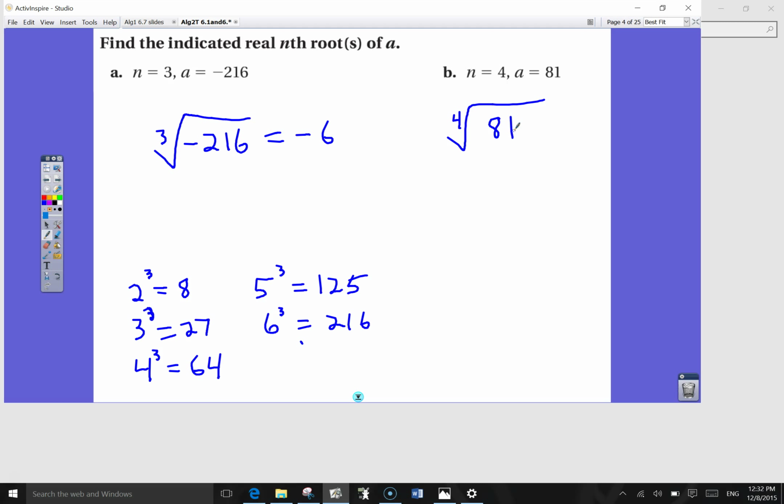The numbers get so big so quick that you're probably always going to be using the same small numbers. The fourth root of 81 is 3, but because it's an even root, and we've been told to include the negative, we include the negative.